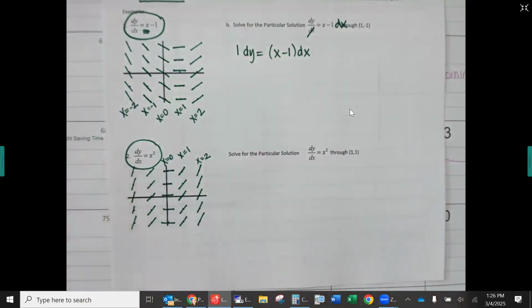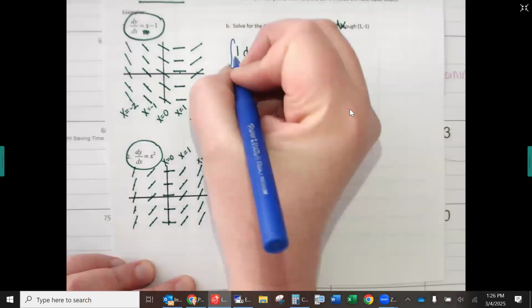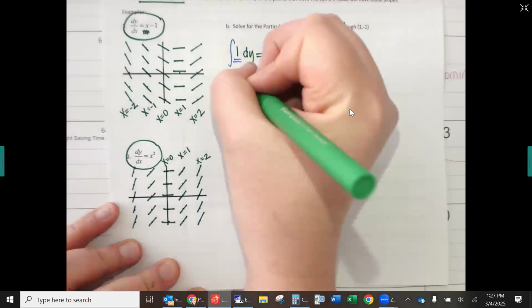And then what's the next step for me to solve? Integral or antiderivative on both sides. Very good. Now, when I integrate 1, keep in mind that I'm on the y side. What is the integral of 1 going to go back to? Normally it'd be x, but I'm on the y side. So it would integrate back to a 1y.